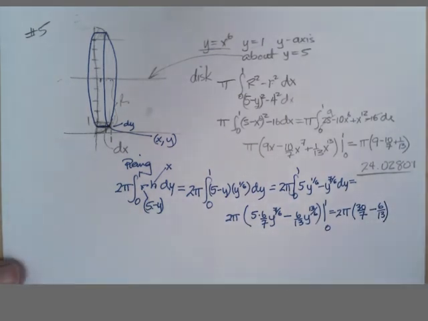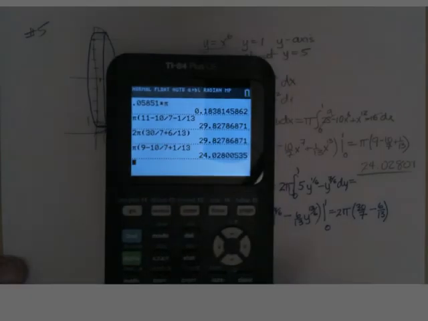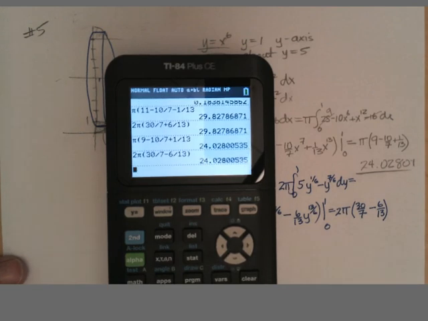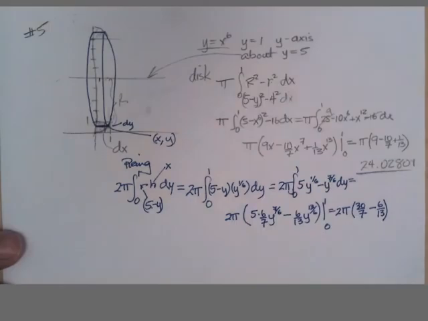And so hopefully this will come out to be the same answer we had last time. 2 pi times the quantity 30 divided by 7 minus 6 divided by 13. Voila. Oh, I'm so happy that I'm getting right answers for a change. Good.